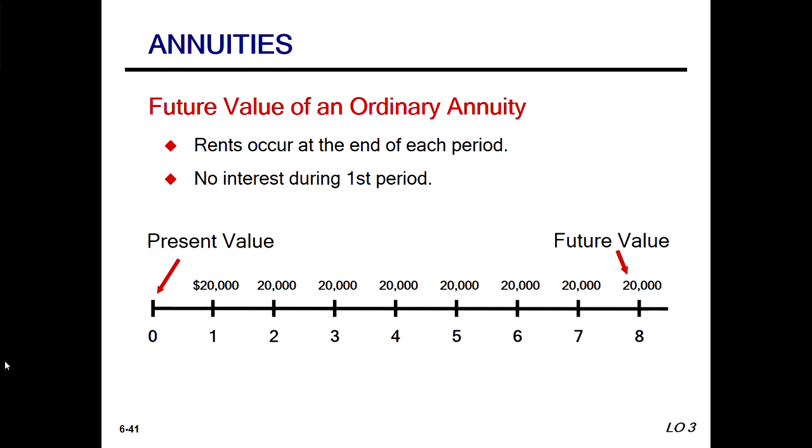So in this example, we've got 8 payments of an annuity. We don't know what the interest rate is, but they're $20,000 payments each. So we would have to figure out what the interest rate is on those payments. But this is just a timeline to give you an example of what that ordinary annuity looks like, where those payments are coming at the end of that period.